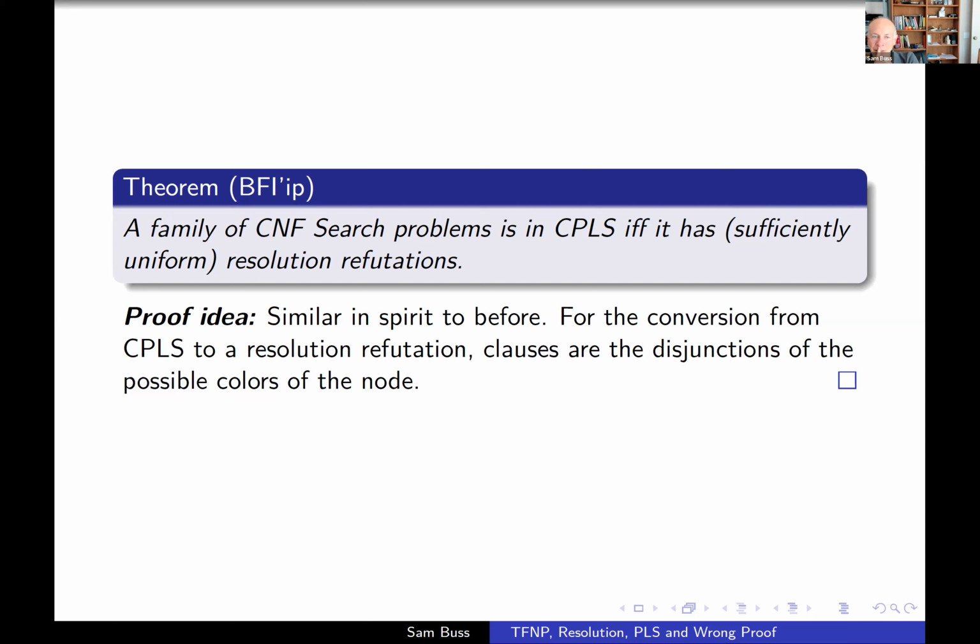The proof is a little more difficult than before because we need to now take the clauses in the resolution refutation to be the disjunction of the possible colors of a node. So the capital C predicate can tell us whether it's possible that the color Y is there, but of course you have multiple queries.